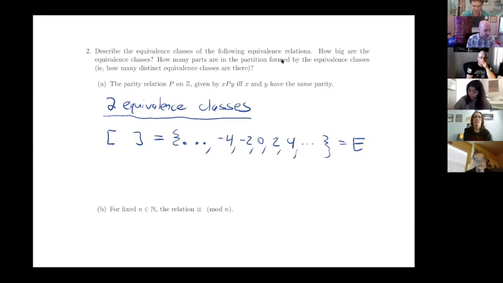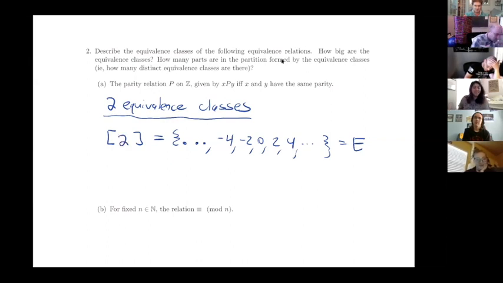If I want to describe it as an equivalence class, then I can pick any element in this set and pick it as the representative for my equivalence class. Who's got a favorite number that's even? What do you think, Victoria? Picking 2. Okay.